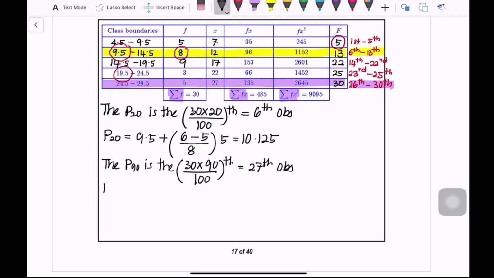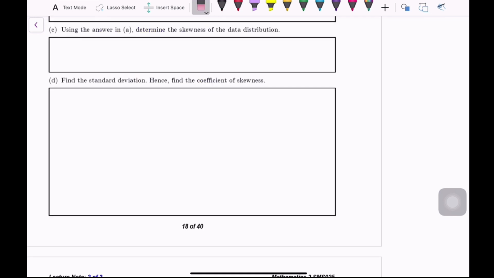The formula for P90 is equal to the lower boundary for the class of P90, which is 24.5, plus n times k over 100, which is equal to 27, minus the cumulative frequency before class P90, which is 25, over the frequency of class P90, which is 5, times c, which is equal to 5. So P90 is equal to 26.5.